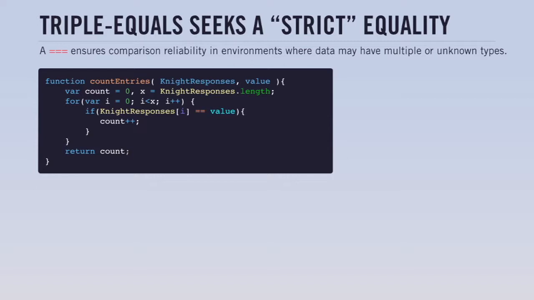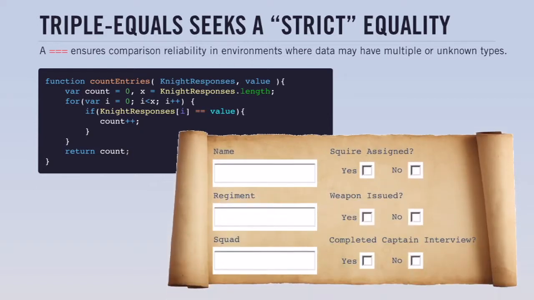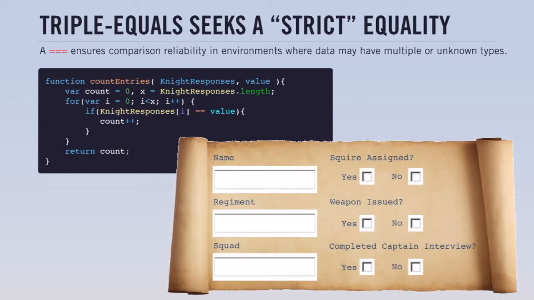It's also going to take in a value that we're looking for. We're trying to count with countEntries how many of the responses are the value in question. Inside we establish a count variable, and we also cache the length of our knightResponses array, and then we loop over that array to count exactly how many responses are the value that we seek. Finally, we return the count variable.